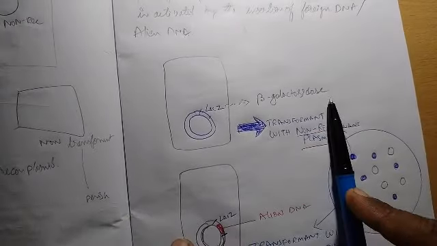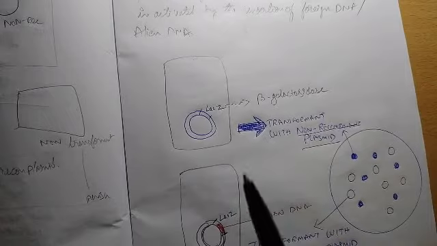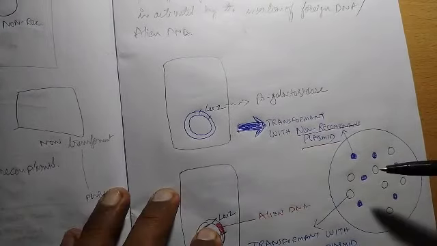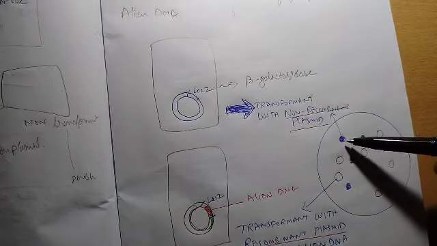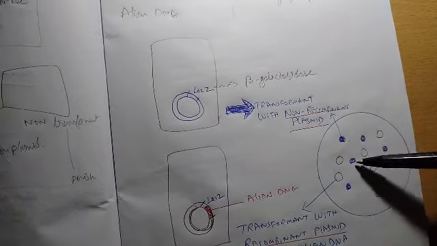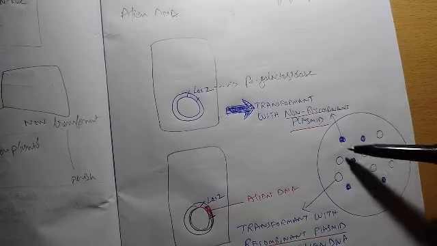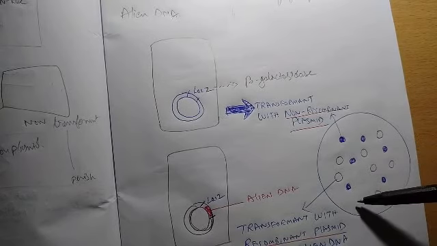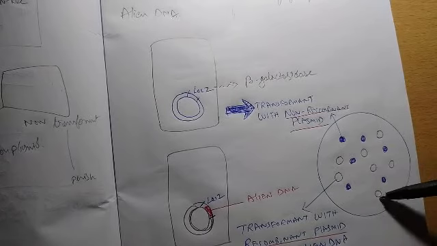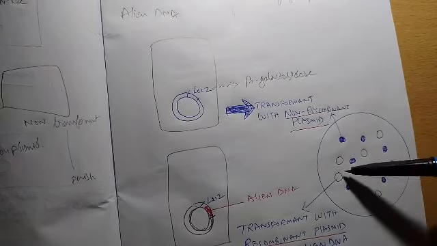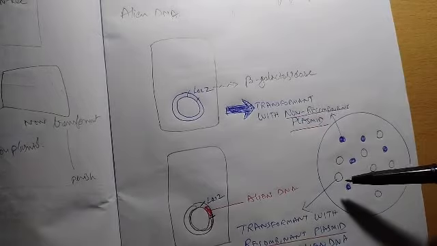This beta-galactosidase will convert this X-gal into a dark blue color. This dark blue color indicates the non-transformants. The white colored colonies, the non-blue colonies, are the transformants.